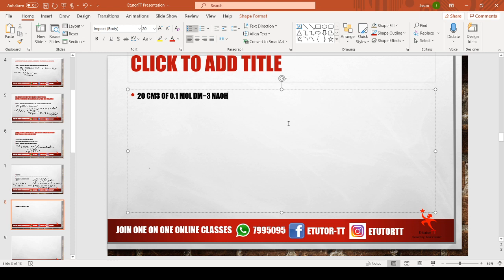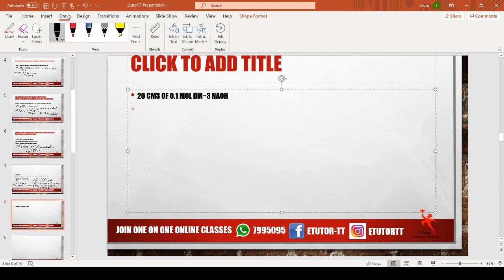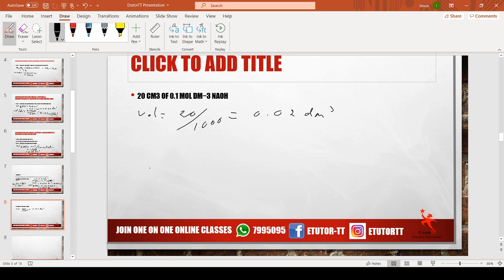So you have 20 cm cube of 0.1 mole per dm cube sodium hydroxide. First thing we want to do is calculate the volume in dm cube as usual, which equals 0.02 dm cube.